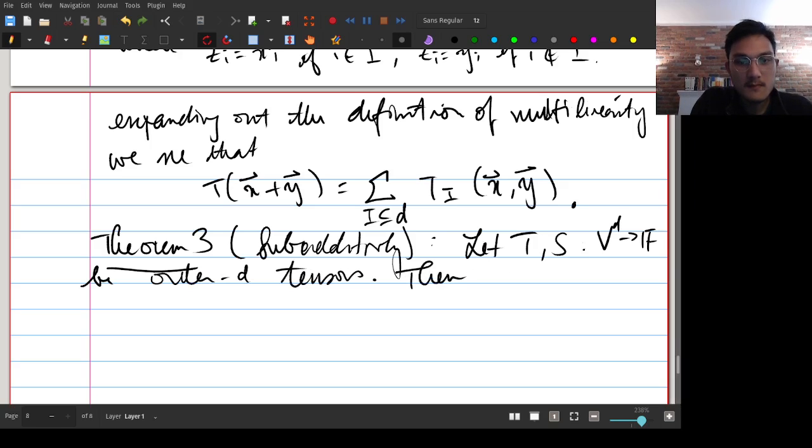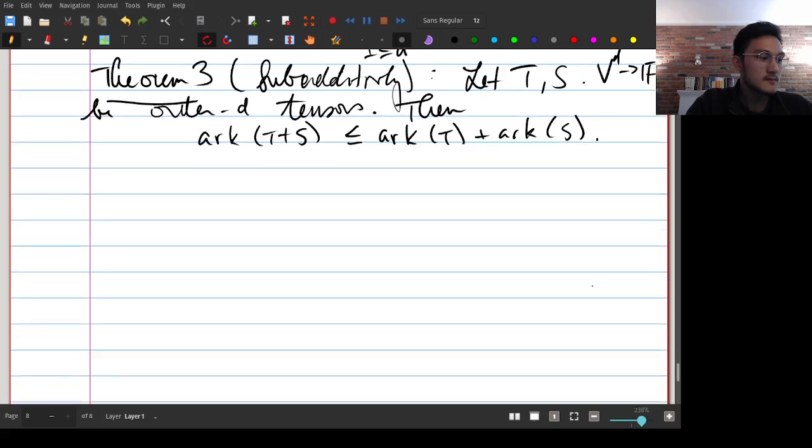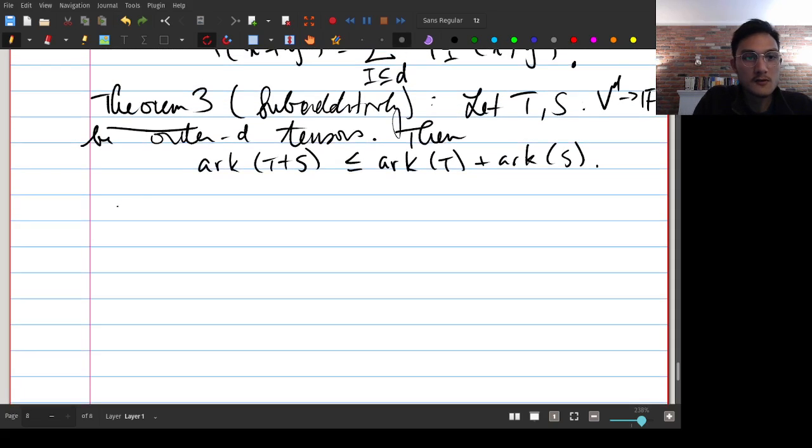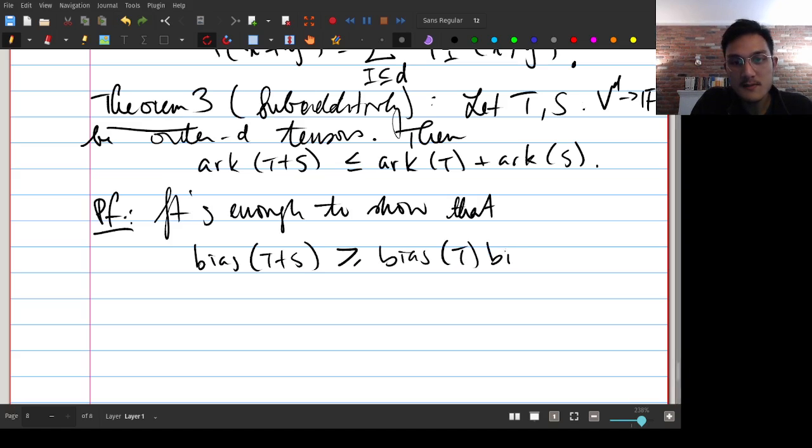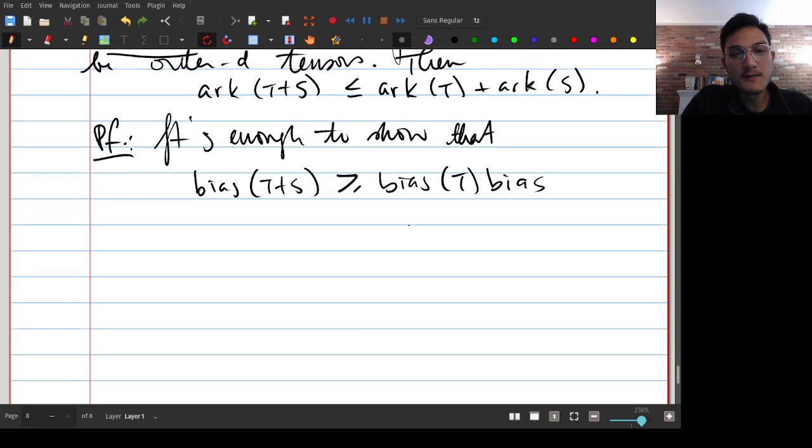Then the analytic rank of T plus S is less than or equal to the analytic rank of T plus the analytic rank of S. Okay, so proof. Well, it's enough to show that the bias of T plus S is greater than or equal to the bias of T times the bias of S, because the analytic rank is the negative log of the bias.